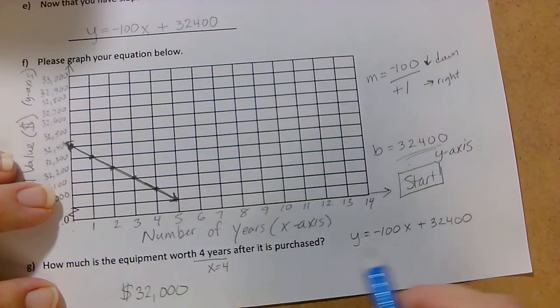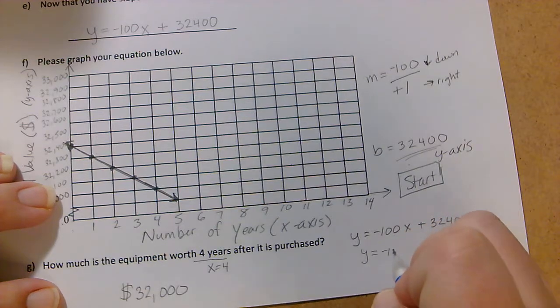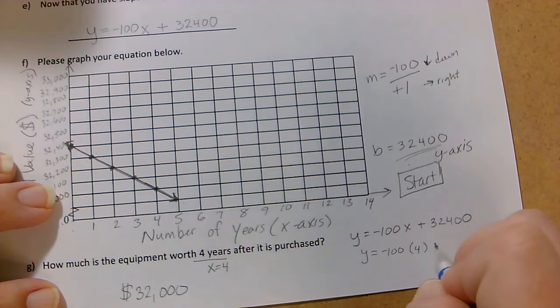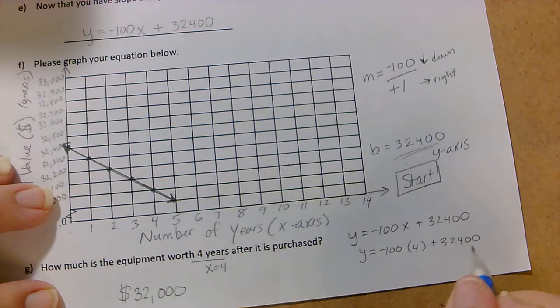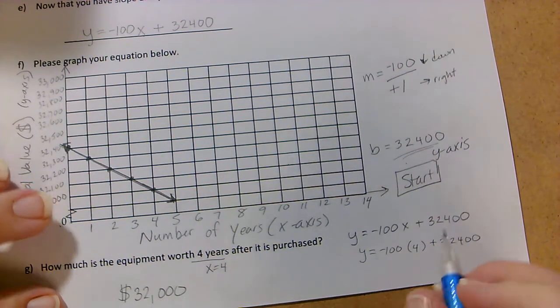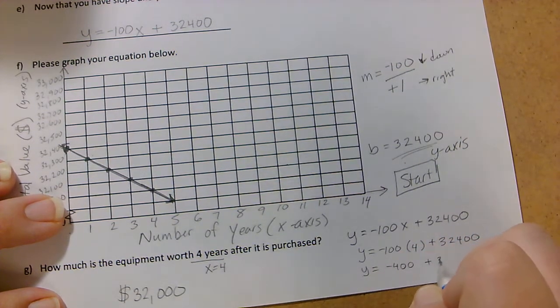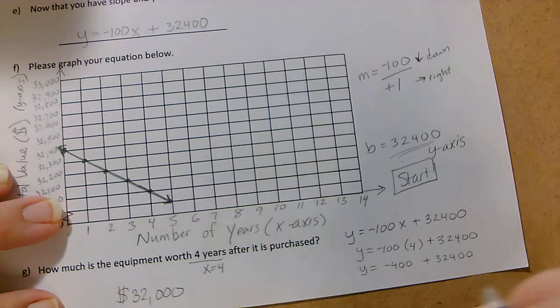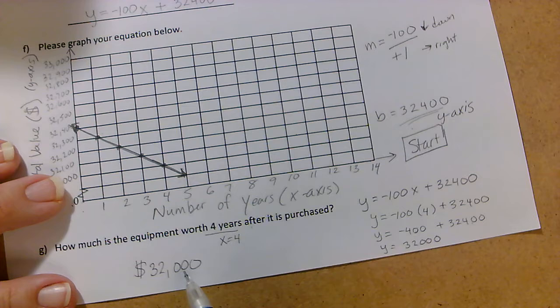If I want to know when x is 4, I substitute a 4 right here and calculate what this all equals, so I'll know my y value, or my total value. So y is equal to negative 400 plus 32,400. When I add negative 400 plus 32,400, I get 32,000. So we've just proved that our graph is correct, and the answer for 4 years is 32,000.